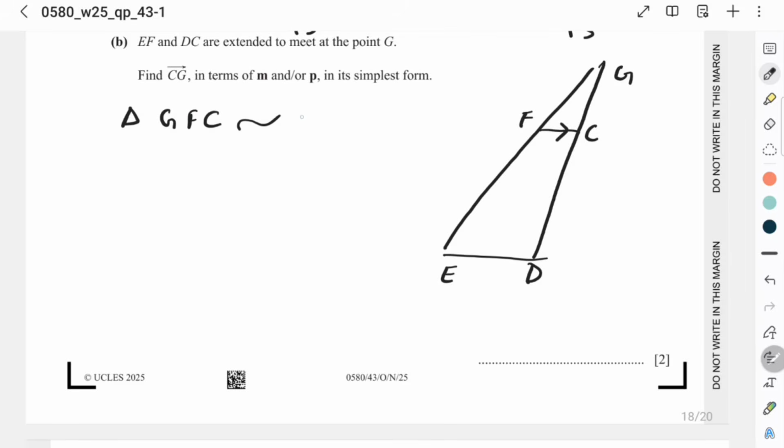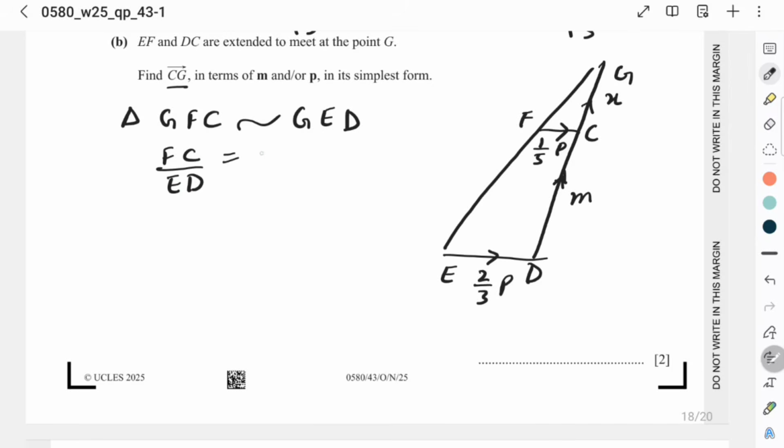We know that triangle GFC is similar to triangle GED, and we know some sides. FC is 1/5 p, and ED is 2/3 p. Comparing with the diagram, we have to find GC or CG, and GD. We have m here, and I'm just taking x this much.